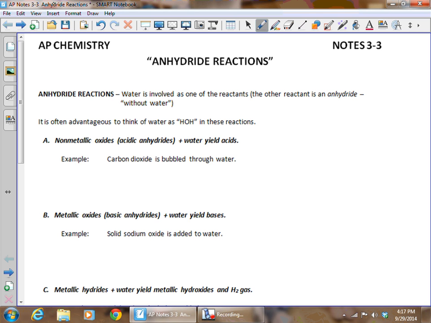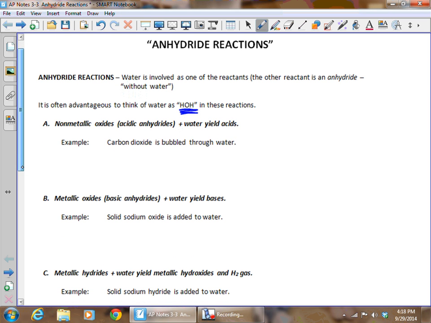It's often advantageous to think of water as hydrogen hydroxide, HOH, in these reactions, and sometimes we'll refer to it like that. Non-metallic oxides, or acidic anhydrides, as they're often called, plus water yield acids.